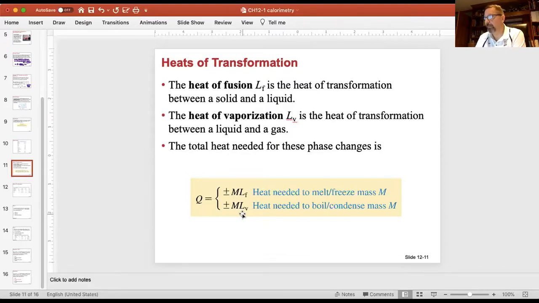Sometimes people use that word, or latent heat of vaporization. Fusion is when you melt or freeze, and vaporization is when you either boil or condense. And it's plus or minus heat depending on which direction you're going. You have to add energy in order to melt and to boil, so it'd be positive in that case.